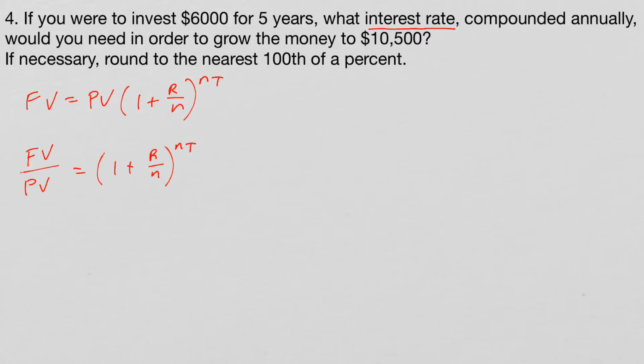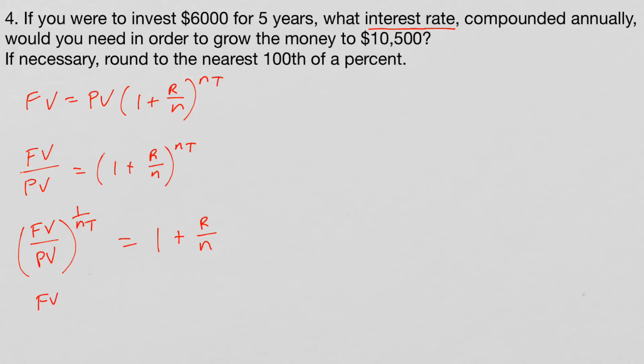Now, I want to get rid of this exponent on each side. So I'm going to take each side to the 1 over nt. So in other words, I have future value over present value to the 1 over nt, and now I've gotten rid of that exponent. Now I'll move the 1 over to the left through subtraction.